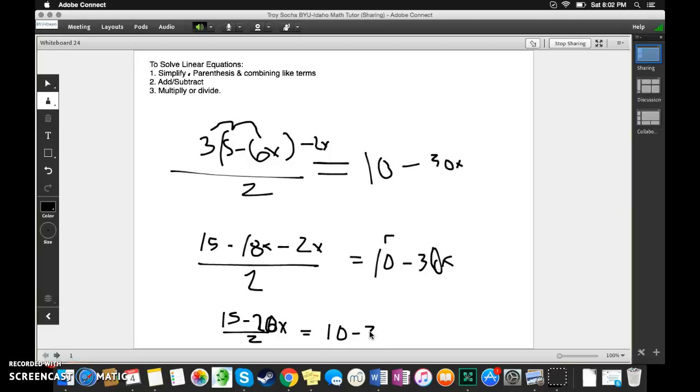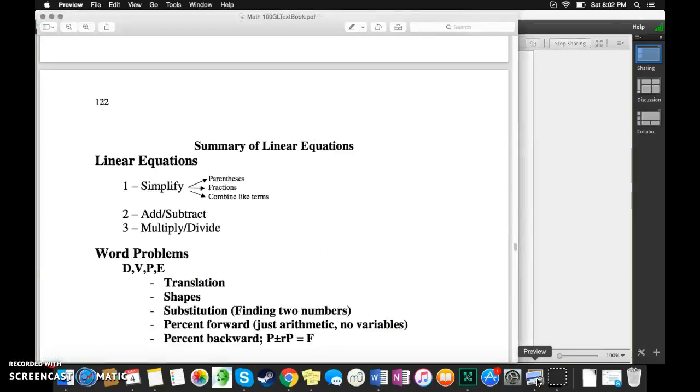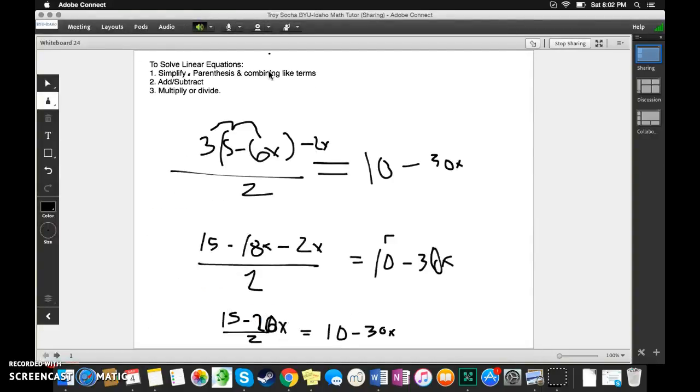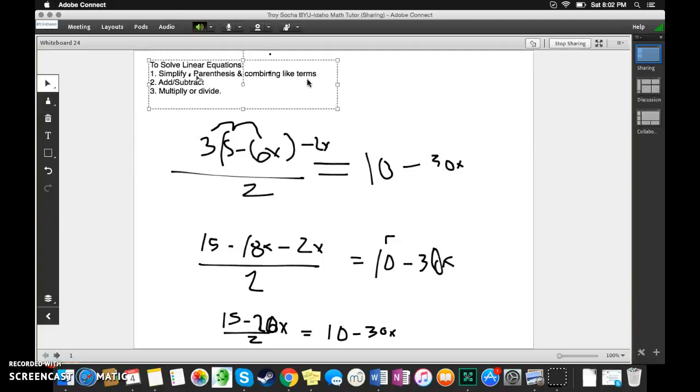So now we go through the steps. Add or subtract. Well, there's nothing that we can add or subtract just yet. We still have to simplify, because when it says simplify, fractions are also in there too. So not only are we looking for parentheses and combining like terms, we're also looking for fractions.